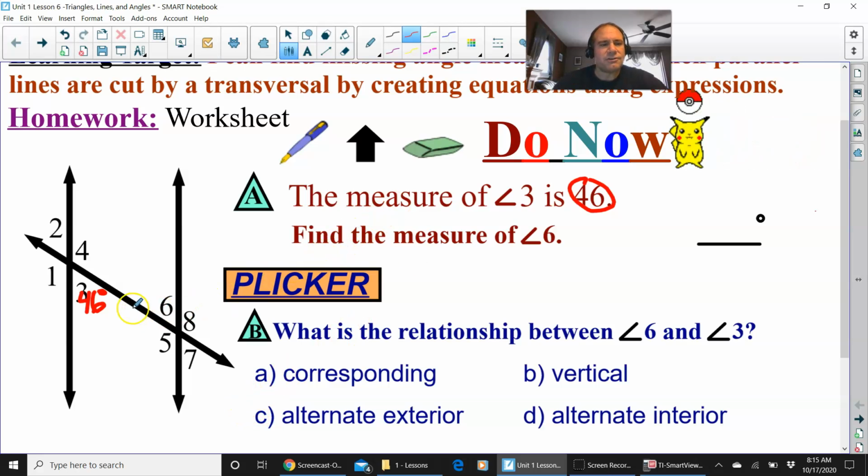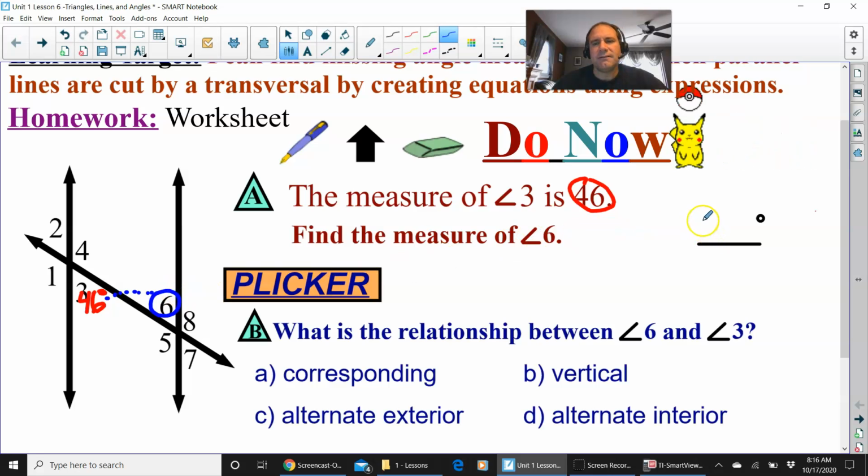It says find the measure of angle 6. So what I'm going to do is I'm going to draw a dotted line to angle 6. So if this is 46 degrees and this is an acute small angle, what do you think this will be? It's the same acute small angle.